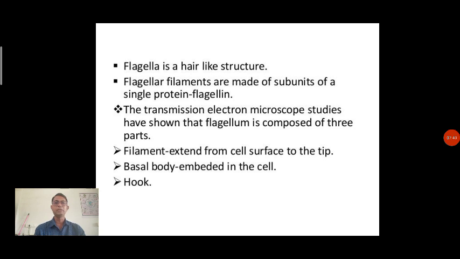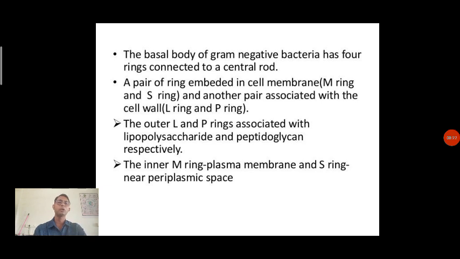Basal body, it is embedded in the cell, in the cell wall and cell membrane. To these two parts, that is basal body and the filament, there is one connecting part that is known as hook. It is a hook-like structure, and that's why we call it the hook. This hook is further attached to the filament, and the basal body is also attached to the hook. So hook is the middle part of the flagella.